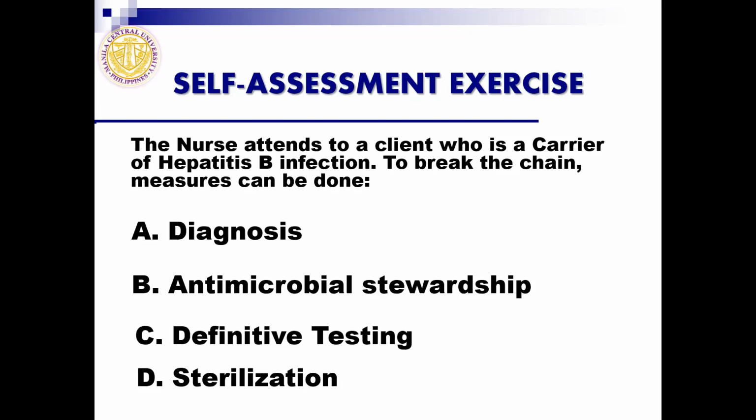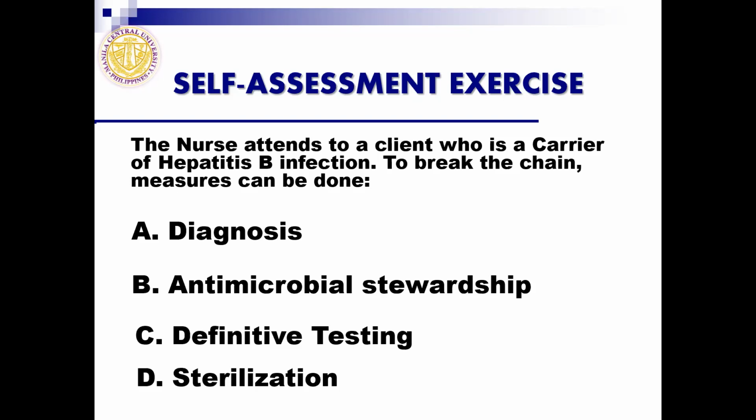So we may now only have letter C or letter D. Letter C, if you answer definitive testing, this is actually on the level of the infectious agent. Since the person is already a carrier and confirmed with hepatitis B virus, definitive testing may not be considered anymore. So because it was confirmed na po, carrier na siya. So ibig sabihin confirmed na with the virus.